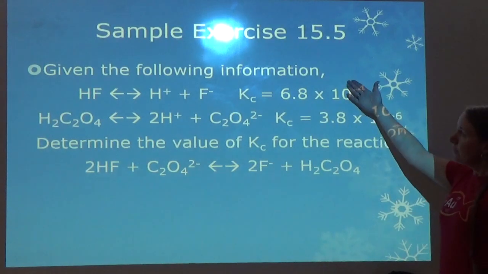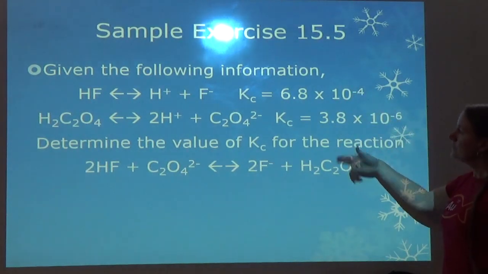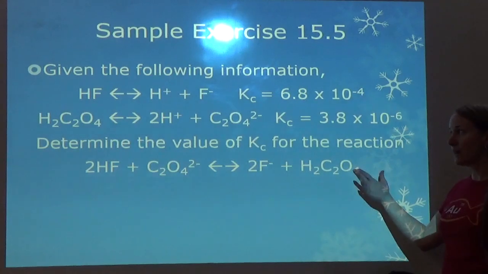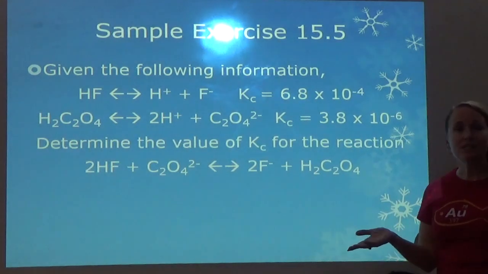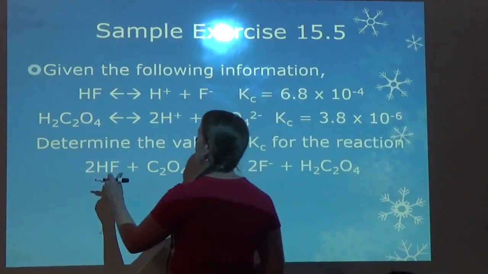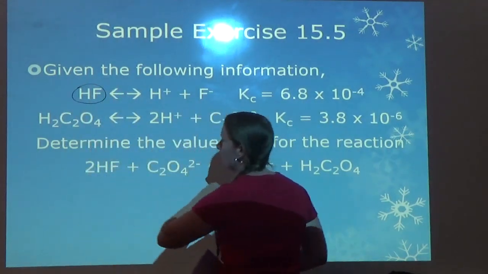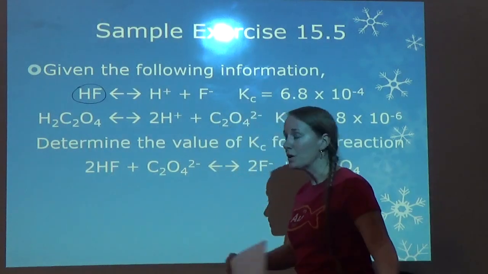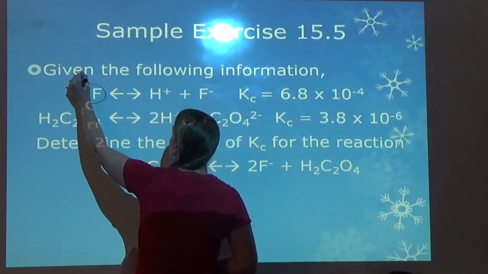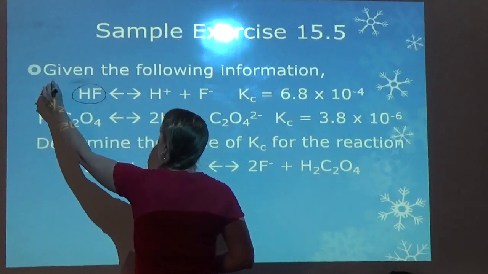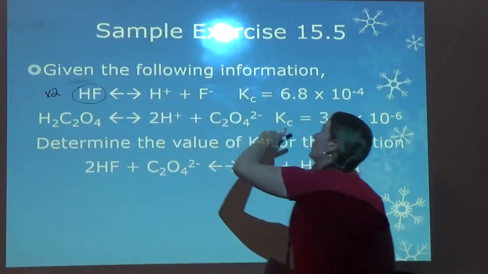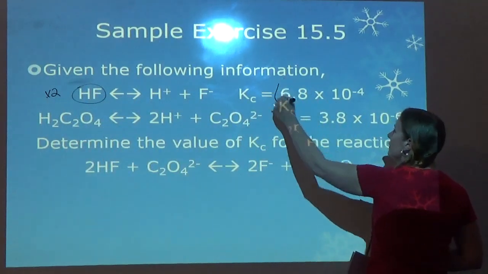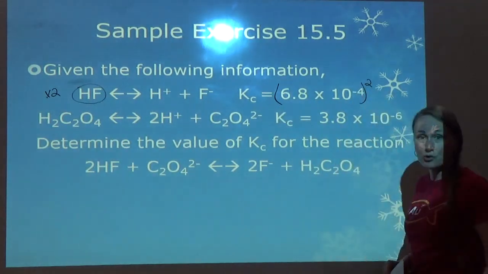It says, given the following information, so here's my 2 reactions, determine the K value for this reaction. I do it just like I did normal Hess's law. I pick something to look at. Here I'm going to pick HF. I have 1 as a reactant. I want 2 as a reactant. So what do I do to this reaction? I multiply it by 2. If I multiply the reaction by 2, instead of multiplying K by 2, I'm going to square it.